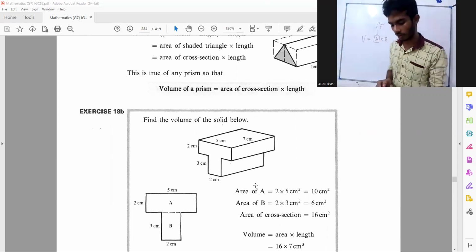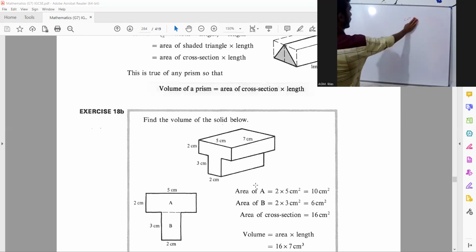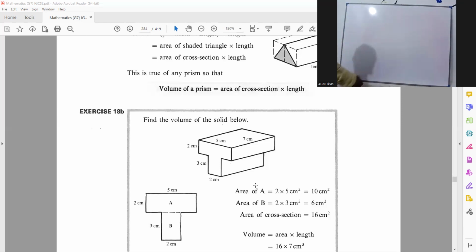Now we are going to find the volume of solids with uniform cross section. Find the volume of the solid when you're given an object. If you look at this object, this is the cross section. If you slice this object through this axis, you will end up with identical pieces like this.